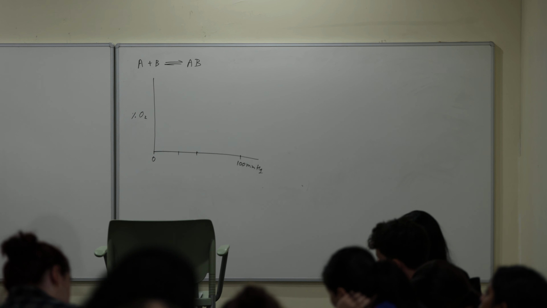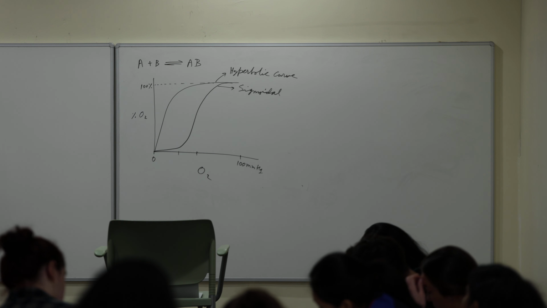This looks like an S shape, and that is called sigmoidal. So hemoglobin has a sigmoidal curve or sigmoidal binding, whereas myoglobin is hyperbolic.